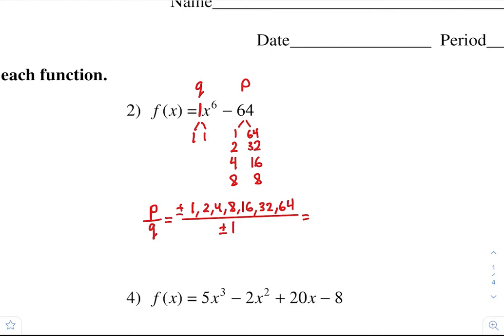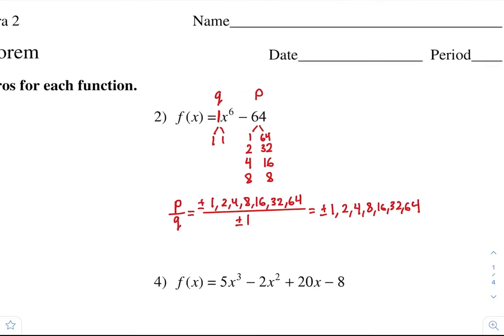So there's our factors of p, and now we gotta divide it by all the factors of q. So 1 divided by 1. Plus or minus 1, 2 divided by 1, 2, 4 divided by 1, 4, 8, 16, 32, 64. So these are all our possible rational zeros.